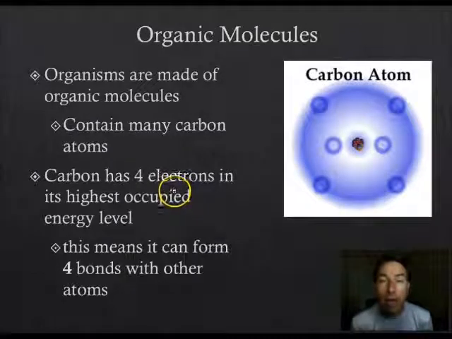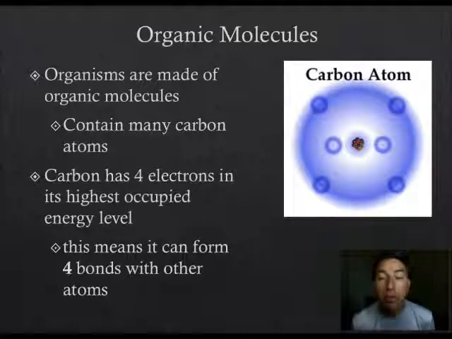Now when we talk about molecules in biology, a lot of the molecules we're going to talk about are organic molecules. A lot of people get this confused with the organic health food craze. Just because it's organic doesn't necessarily mean that it's healthy. In this case, organic molecules are molecules that contain lots of carbons, and most living things are made out of organic molecules.